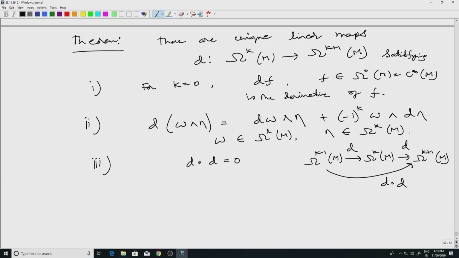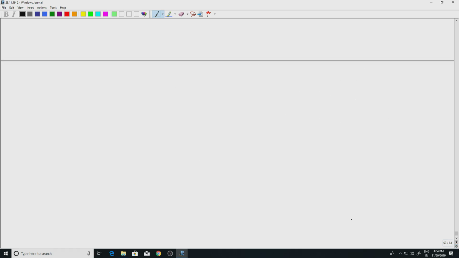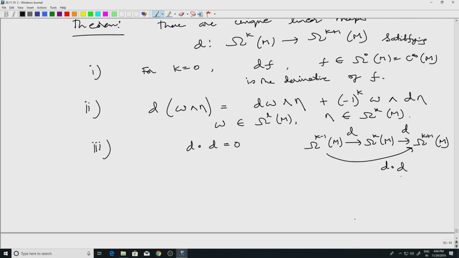In fact, the natural interpretation for d composed with d arises from topology rather than the study that we are engaged in right now.